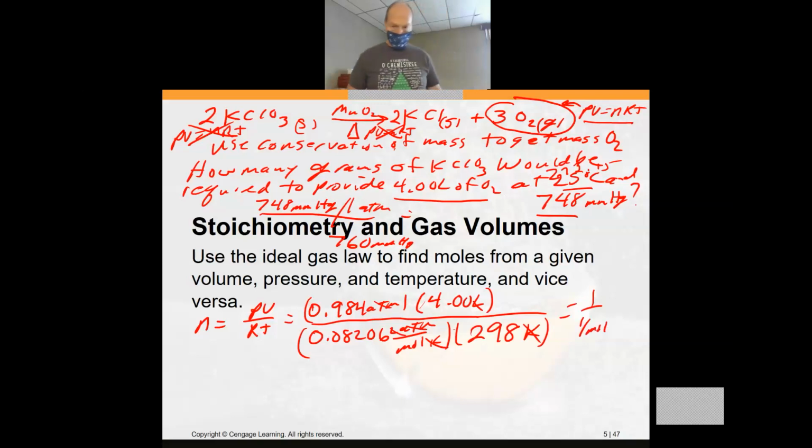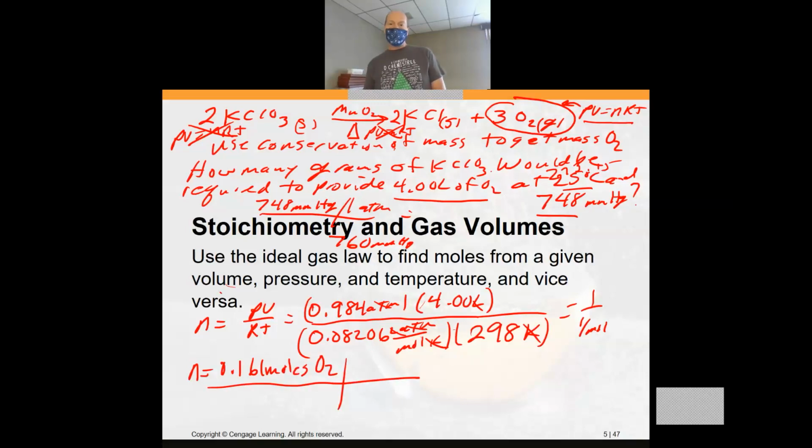N is always in moles. We multiply 0.984 times 4.00, divided by 0.08206, and divide that by 298, and we get 0.161. That is moles of oxygen.